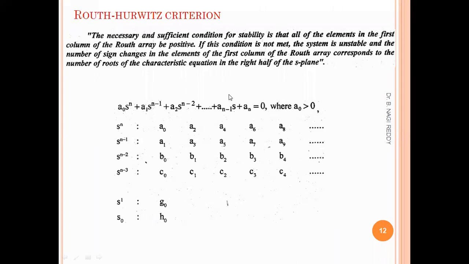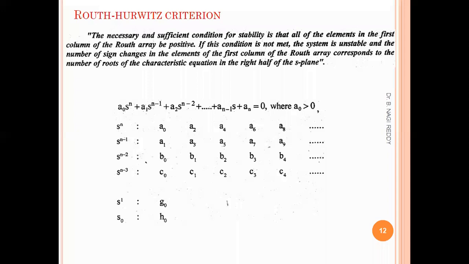Coming to our main concept, Routh-Hurwitz criteria. The Routh-Hurwitz criteria is the concept of analyzing the stability condition of a given system based on a process or a step-by-step procedure.